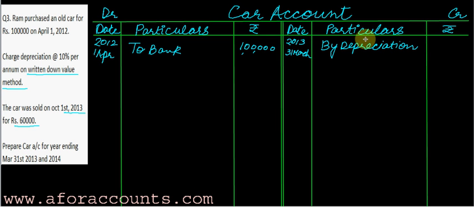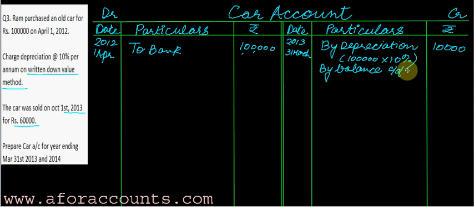How much? 10% of your 1 lakh, that is 10,000, and the remaining will be your balance. So by balance carry down, that will be 1 lakh minus 10,000 is 90,000. And the total 1 lakh.